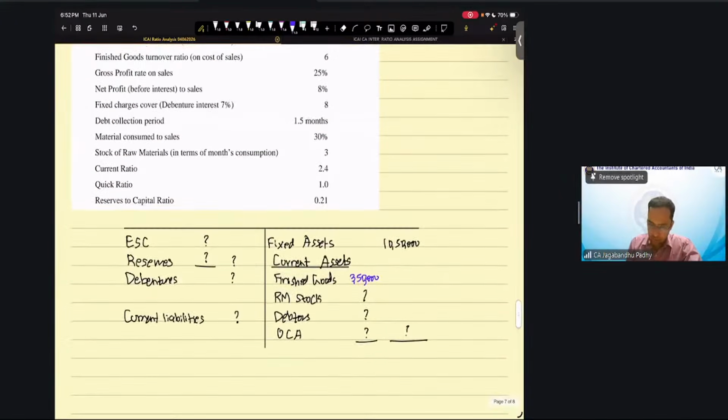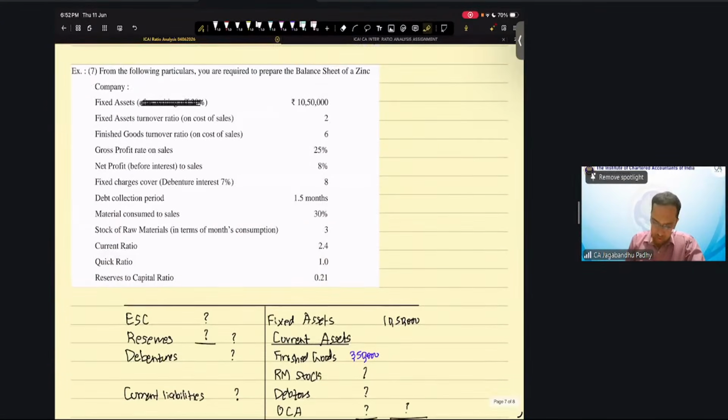Now we will use the fixed charges cover, which is about the debt interest. Here, fixed charges mean the debenture interest of 7%.